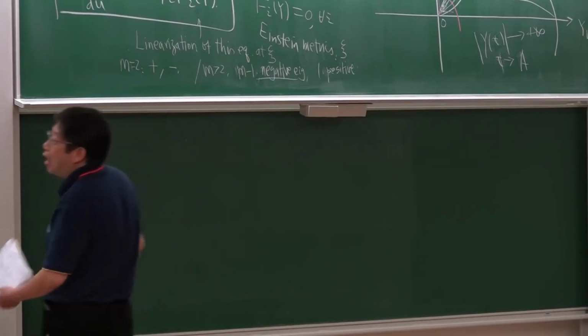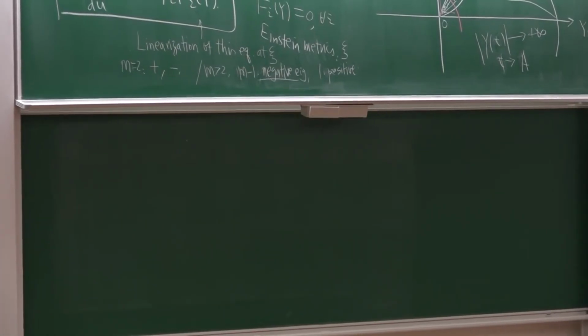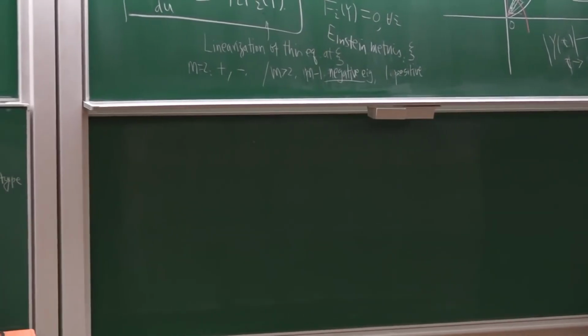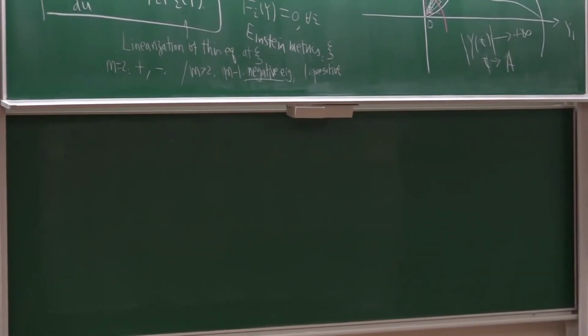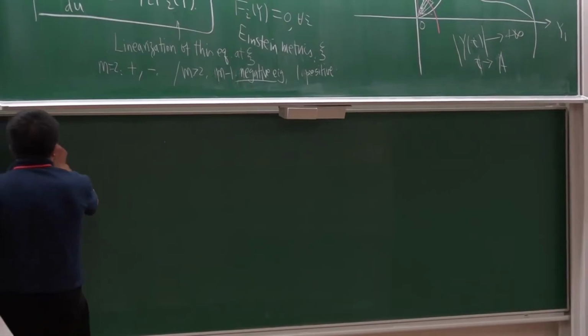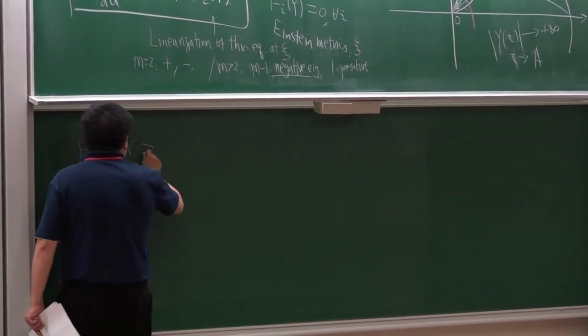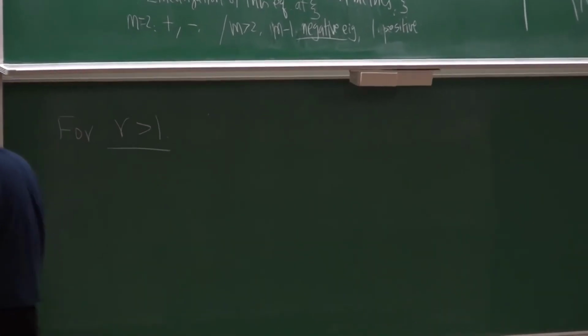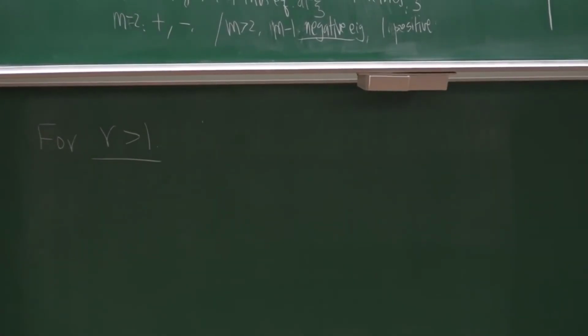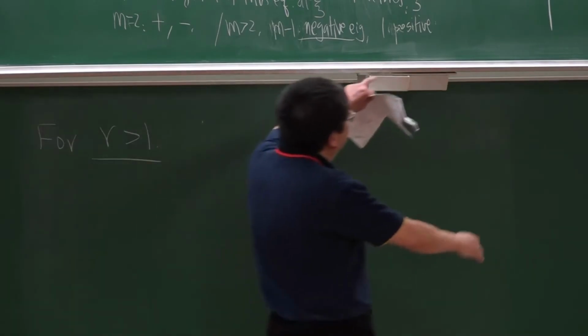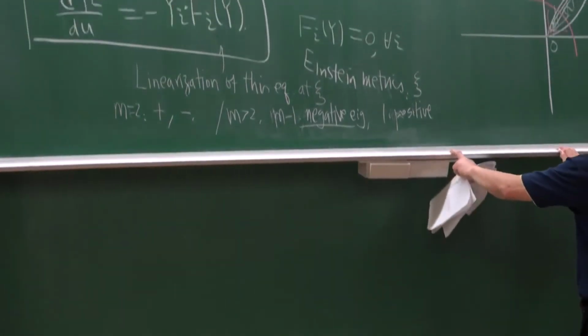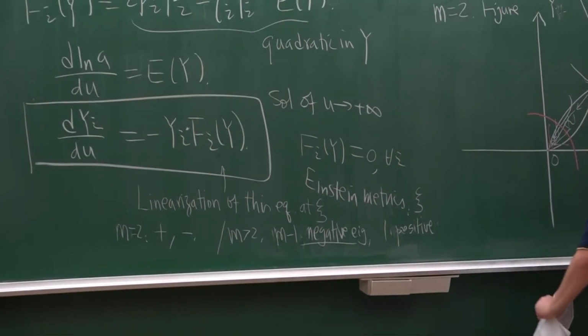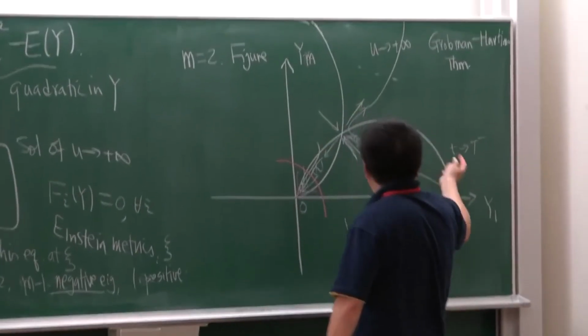So maybe I can say what we can do for this, R bigger than 1, say this example. For a torus bundle over there, when R is bigger than 1, in this picture you have many directions, including RM.